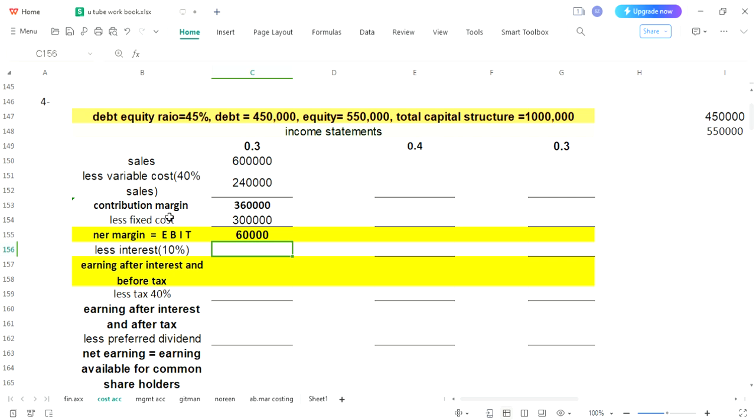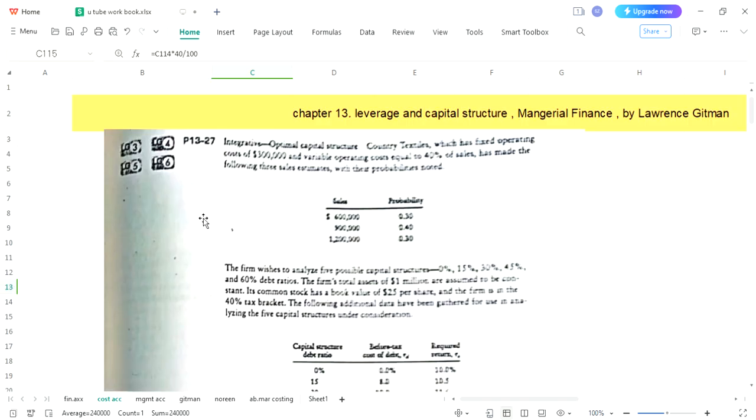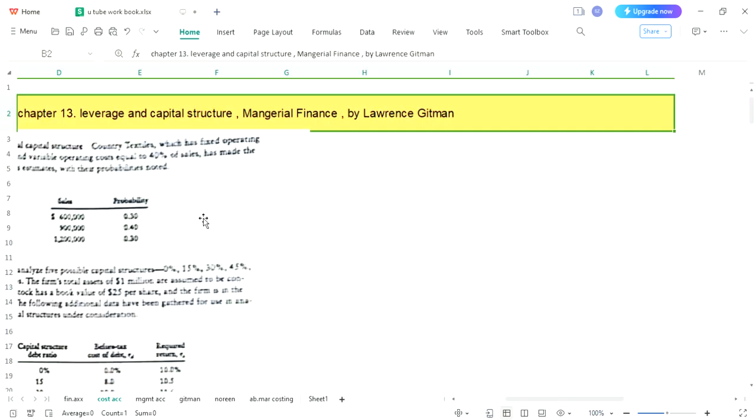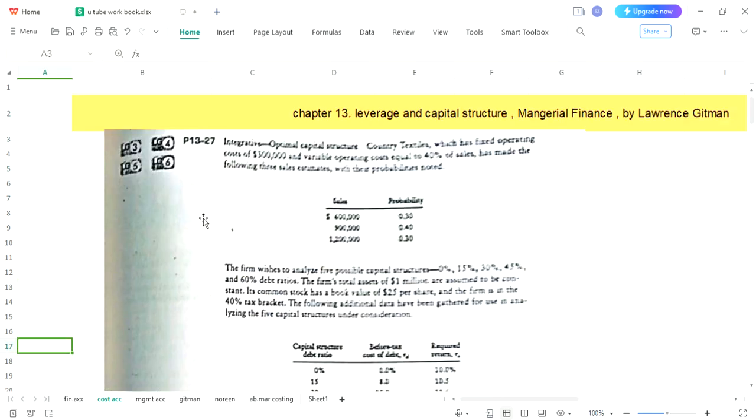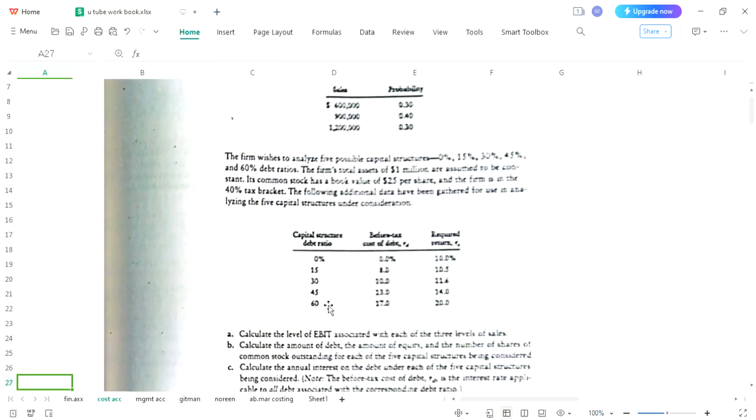Amount of interest. Interestingly, we will see that our debt amount has been changed and it would be 4,50,000. Please note it down. Our amount of debt has been changed for the fourth part. 450,000 is the total amount of debt, and we need to see the rate as well. For this portion of your question, 45% debt equity ratio, the rate is now 13%.